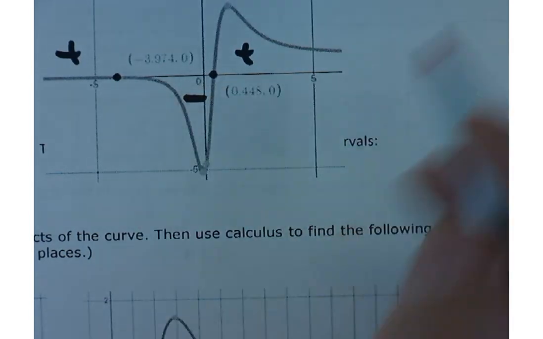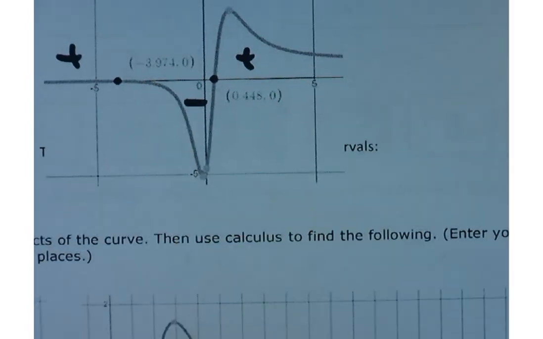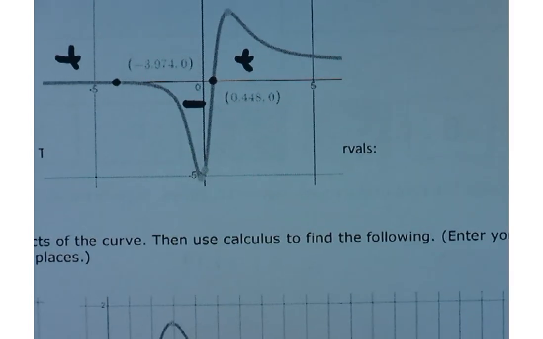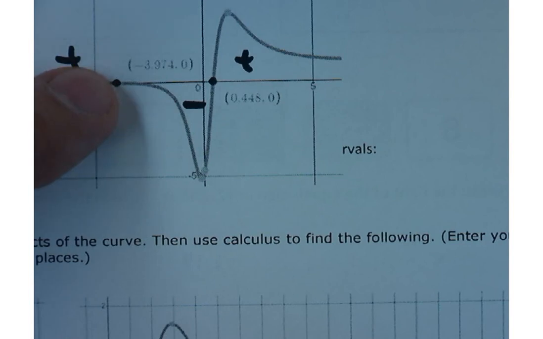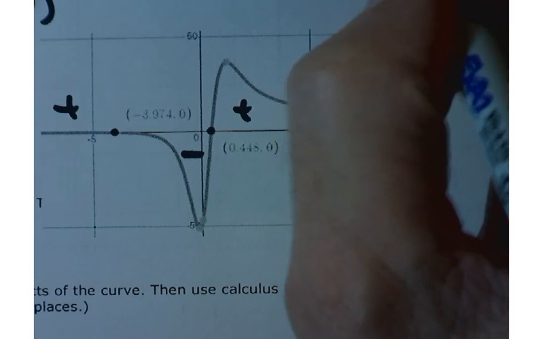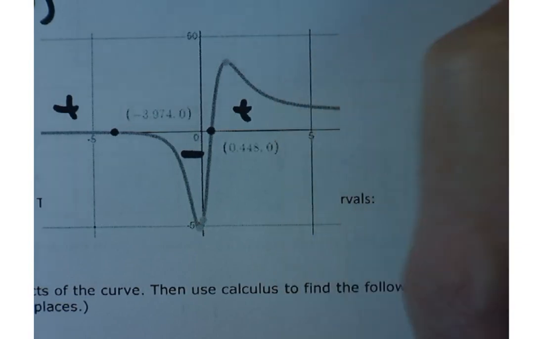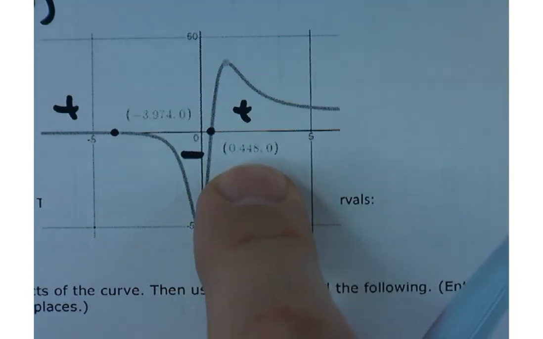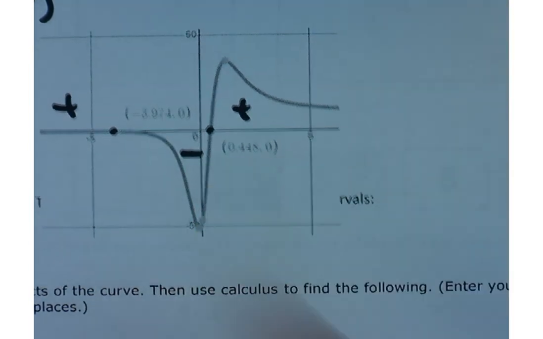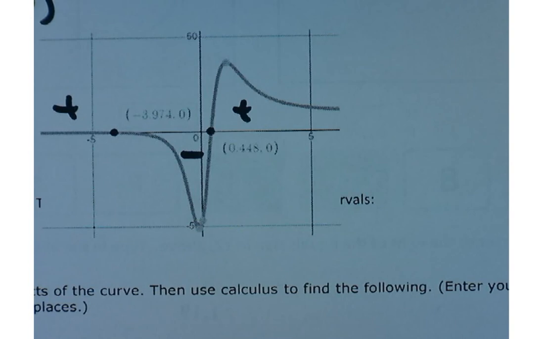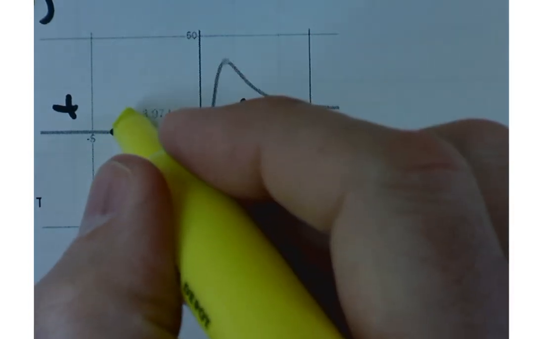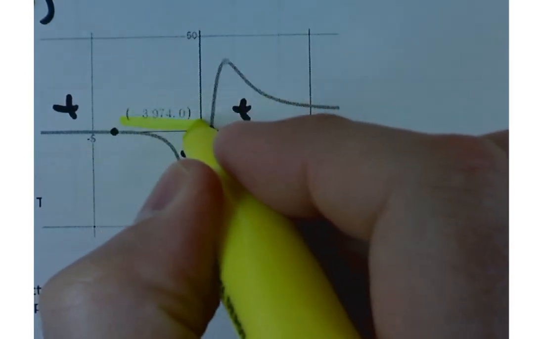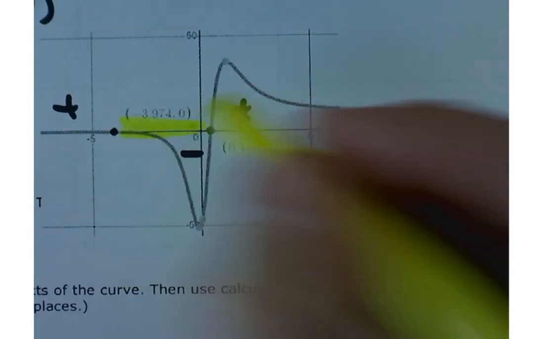No, not negative infinity. It crosses over the x-axis at negative 3.974. So it'd be from negative 3.974 to, going down to 0. Well, you're just worried about where the graph is below the x-axis, and that's happening right here in this interval. That's where the function is concave down.